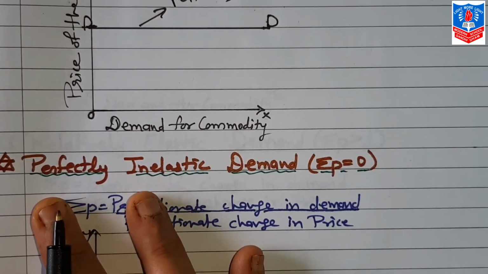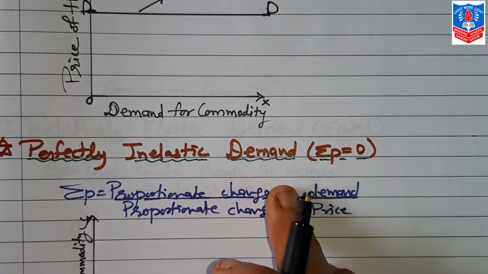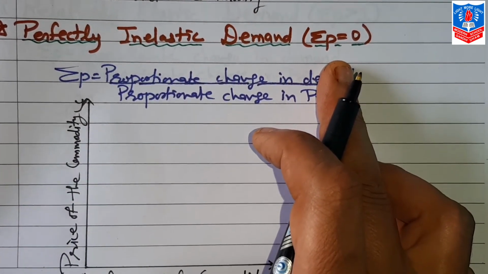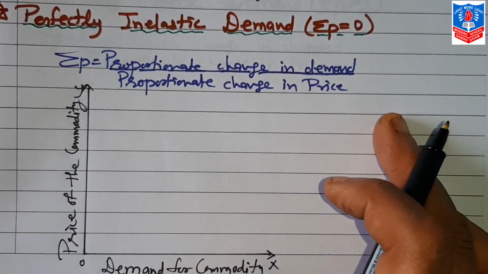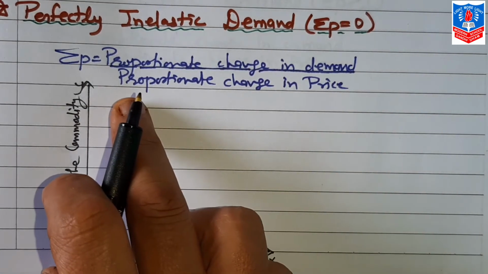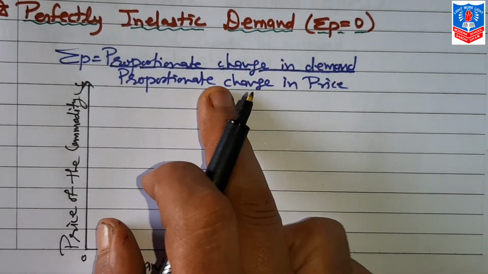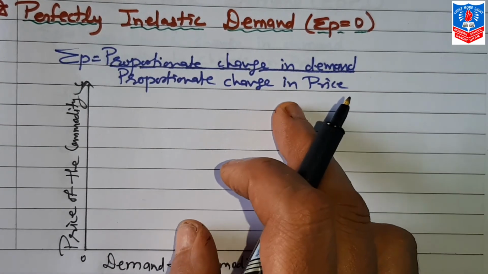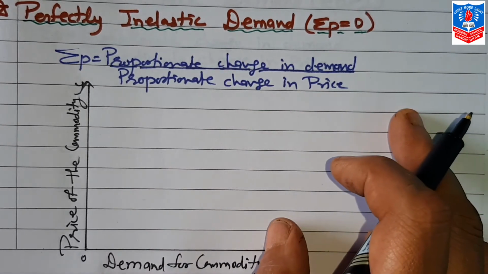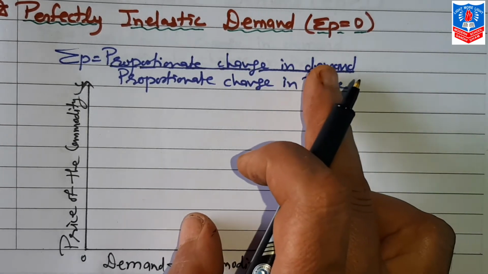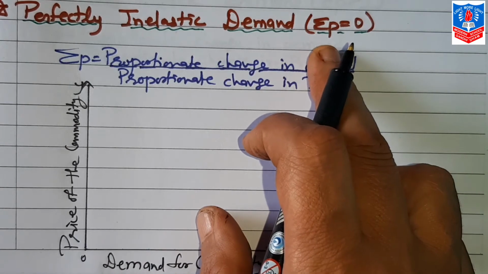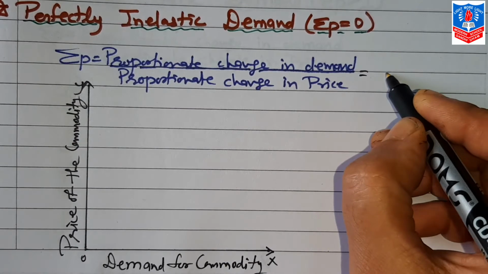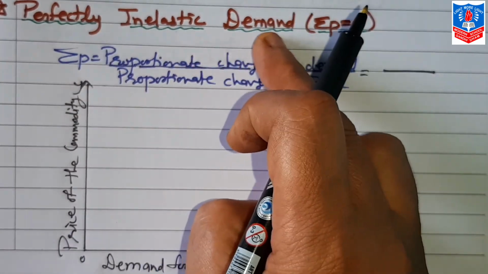Next is perfectly inelastic demand, where price elasticity of demand is 0. Now what is that? When the price of a commodity, say commodity K, changes by any amount, say 10%, but there is no change in the demand of that commodity, then it is known as perfectly inelastic demand.